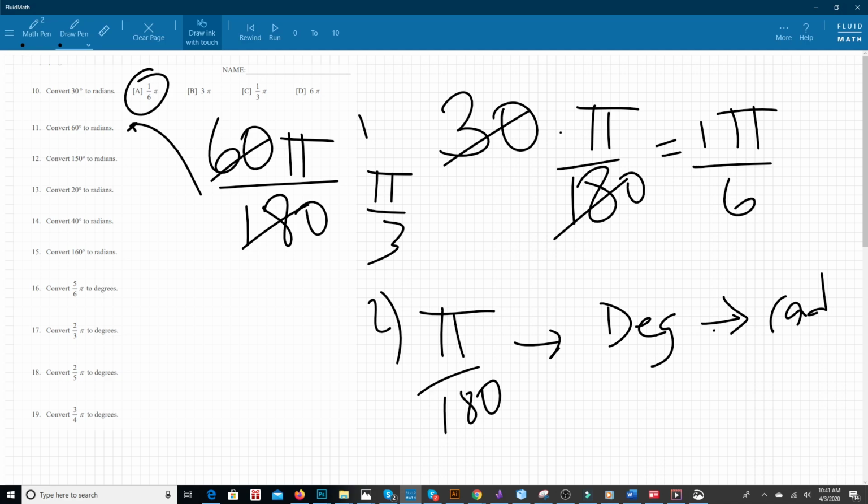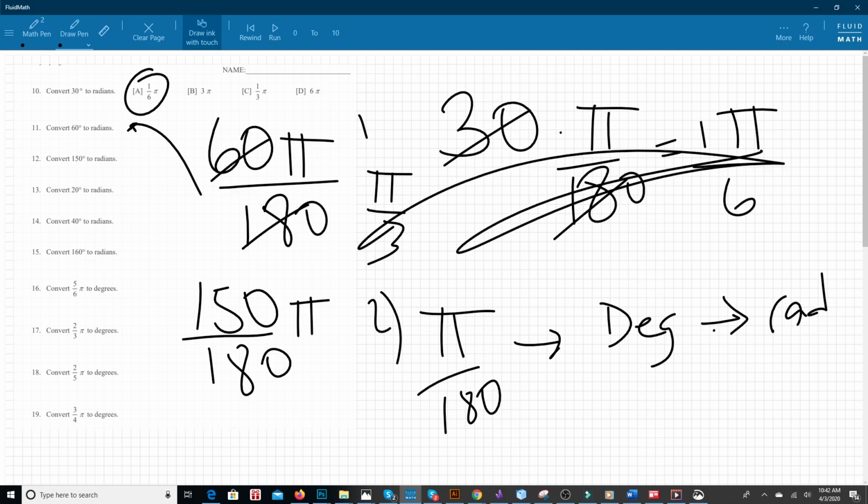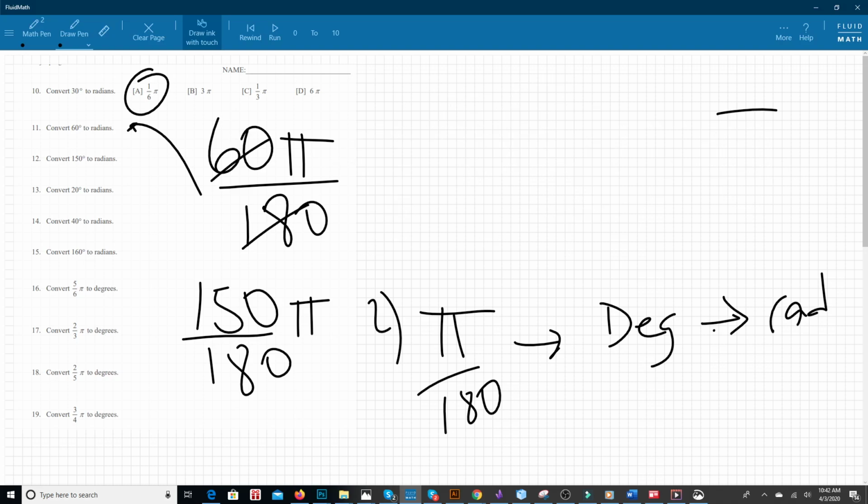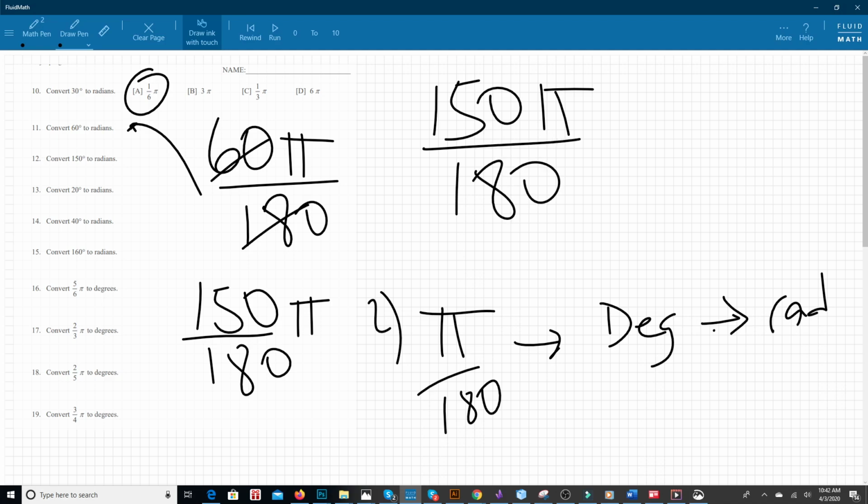What do you think, Amy? Well, just set up the proportion to start, which would be 150 over 180, and it's pi. Again, we want to keep the same formula as 2. So let's erase this top part right here. We have 150 pi over 180. And we have to see what can go into both of these terms.